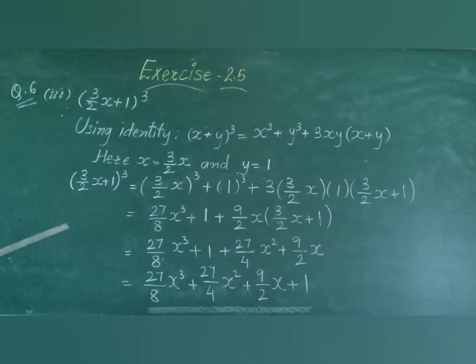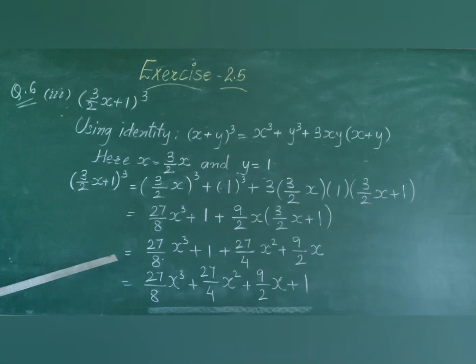Solving further, we will get 27/8x cube + 1 plus, now we multiply the monomial with the binomial, so we get 9/2x multiplied by 3/2x, that is 9 3s are 27 and 2 2s are 4, so 27/4 and x into x gives x square, so we will get 27/4x square plus, again we multiply 3/2x by 1, so we will get 3/2x.